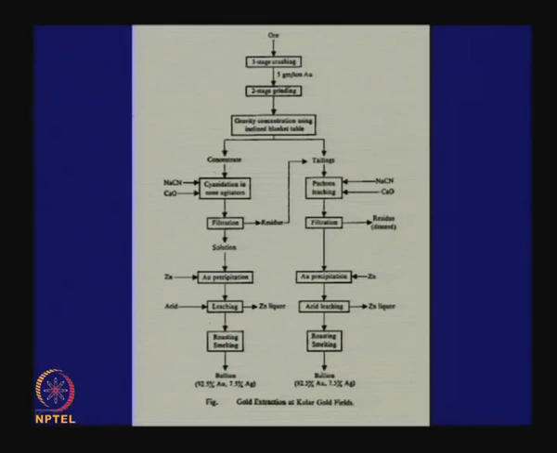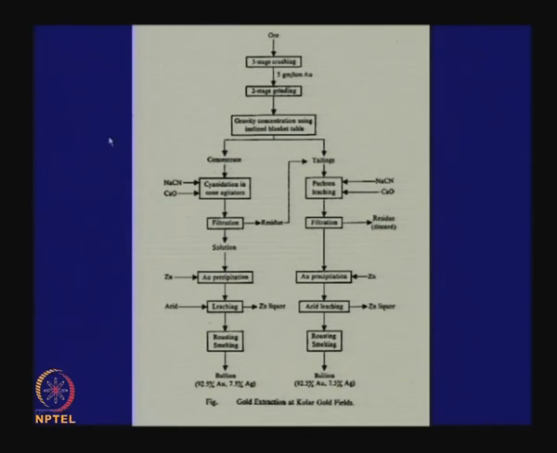Now, in the case of our Kolar goldfield operation, one goes through 3-stage crushing operations of rocks which contain only 5 gram of gold per ton. So, in a ton of rocks, there will be just about 5 grams of gold, but that is good enough for an economic operation.